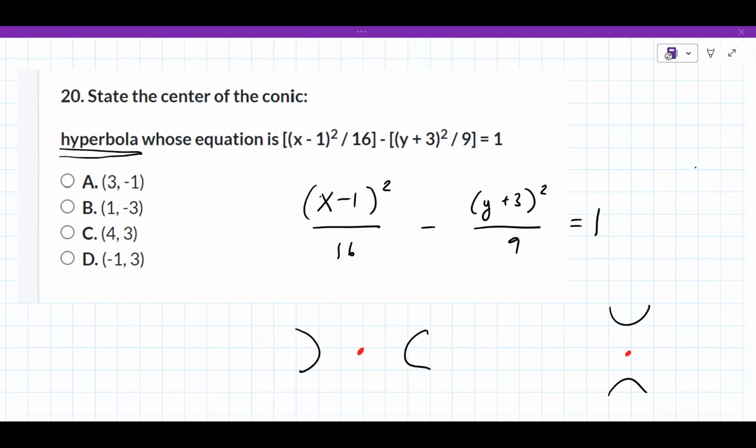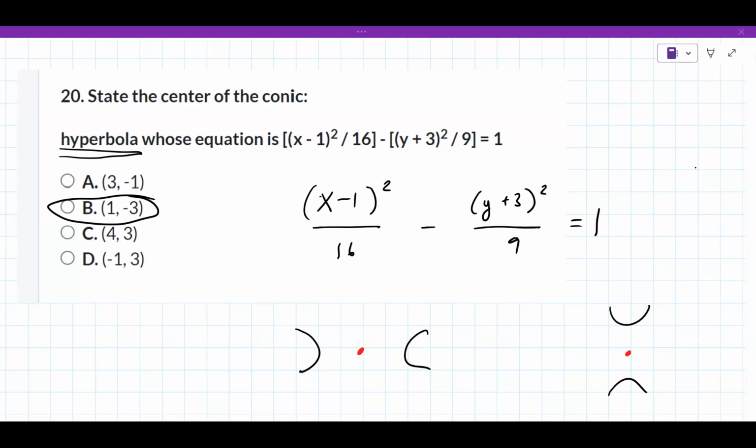I think it's 1 comma -3. Yes, that is correct. Very good. All right, so I think that is everything for the review assignment, which is great. Perfect. We're on fire.